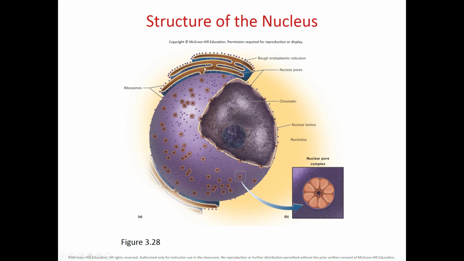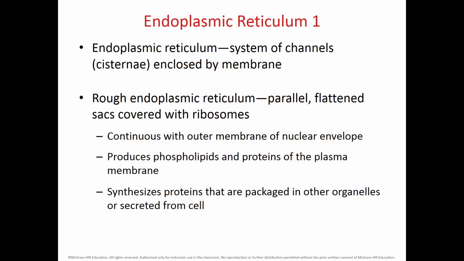The rough endoplasmic reticulum is a membranous organelle that has these stacks or sacs, and outside of these sacs you have these ribosomes. Ribosomes are made of ribosomal RNA, and this ribosomal RNA helps to make proteins in the process that we call translation.